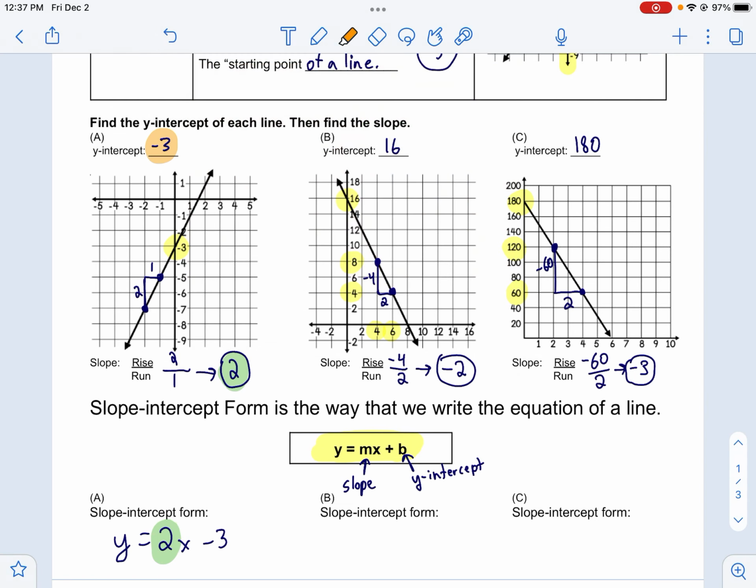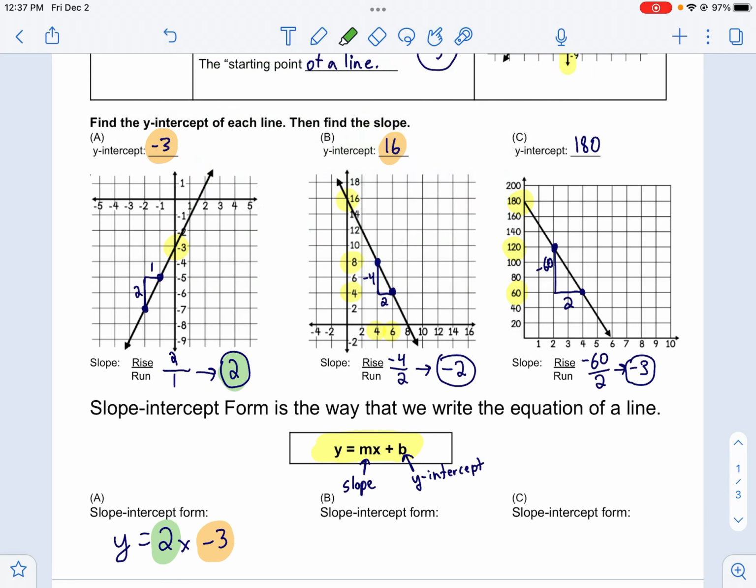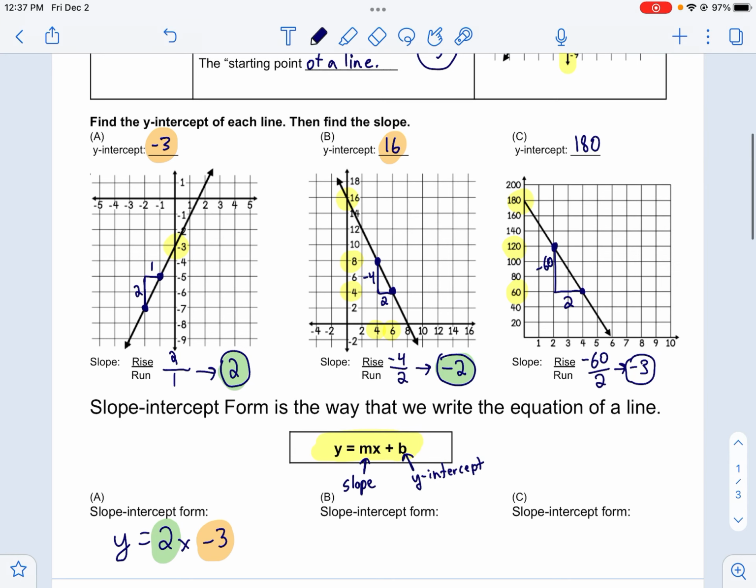The number for the y-intercept goes after the x. So that's why it was 2x minus 3. For example B, if the y-intercept is 16 and the slope is negative 2, that would give us the equation y equals negative 2x plus 16, because again, the slope number in front of the x is negative 2.